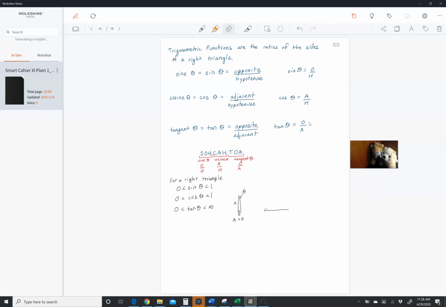Your O could be very, very large. So if this is theta again, here your A is very small and your O is very large. There's no relationship between O and A.